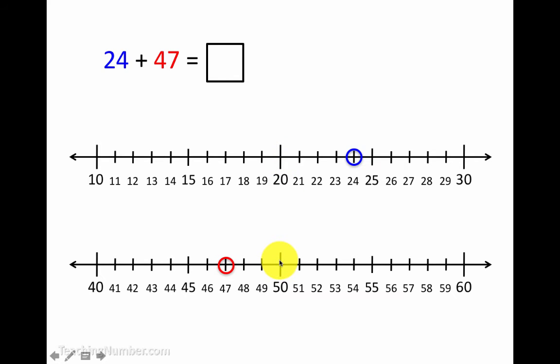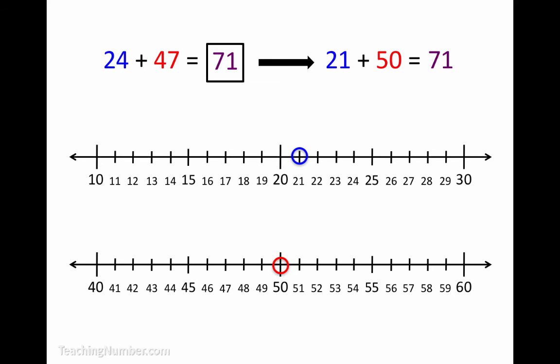We will use 50 to build our 10-friendly number sentence. If we add 3 to 47 to make 50, we must subtract 3 from 24, which gives us 21. Thus, we have shown that 24 plus 47 is the same as 21 plus 50, which is 71.